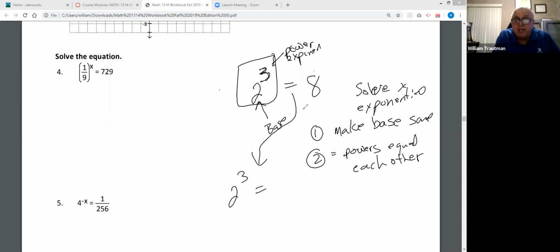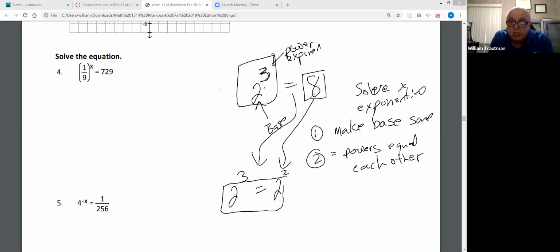Another way of writing 8: we want to make the bases the same. Here I have 2 to the third. Over here I just have an 8. I can write 8 as 2 to the third. Even though there's no x in this problem, our goal is to make these bases the same. They're both powers of 2.